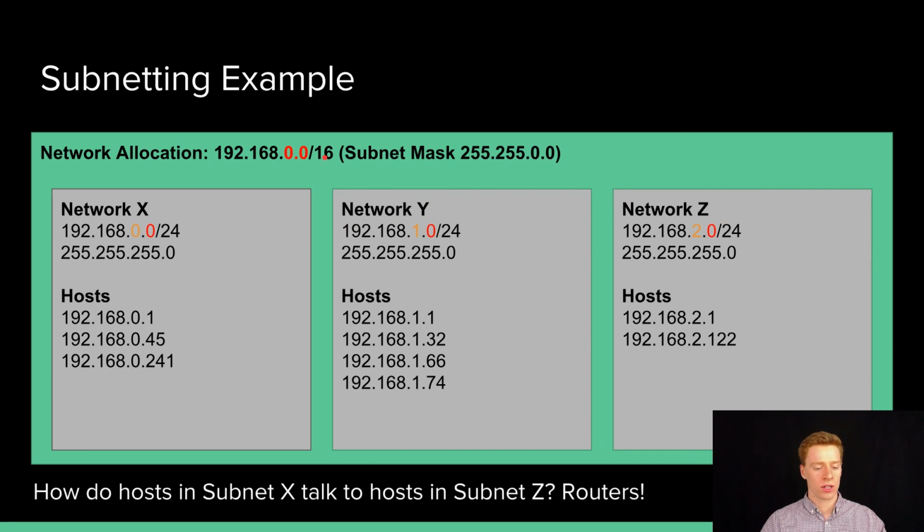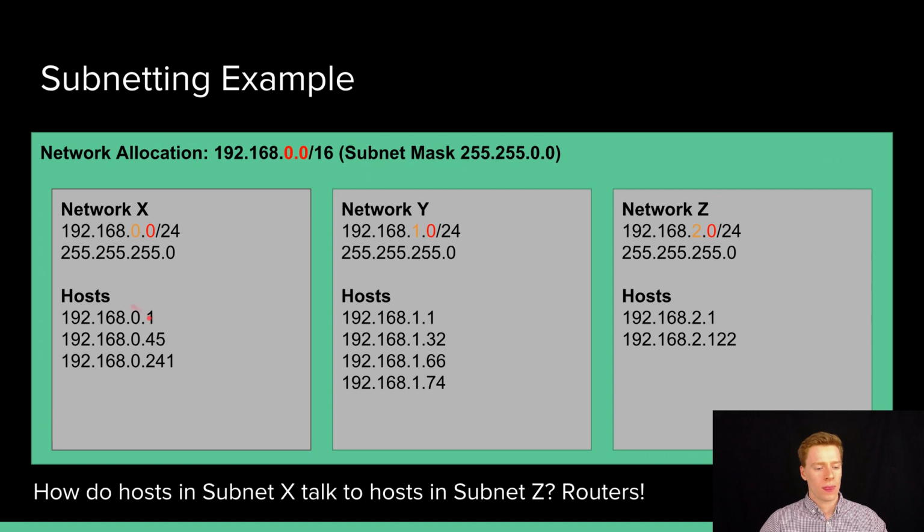So how does something in subnet X talk to subnet Z? Let's say my computer at 192.168.0.1 wants to talk to a web server on 192.168.2.1.